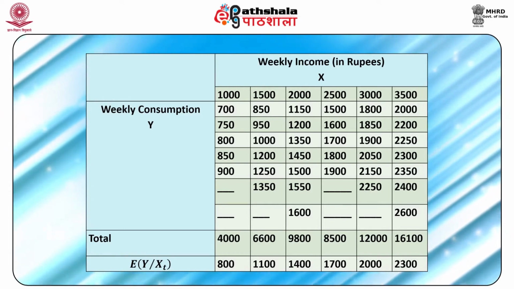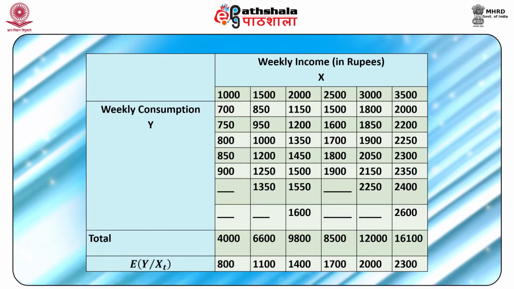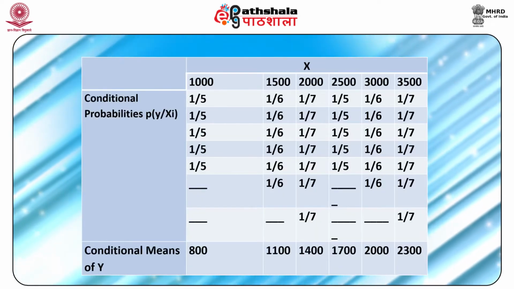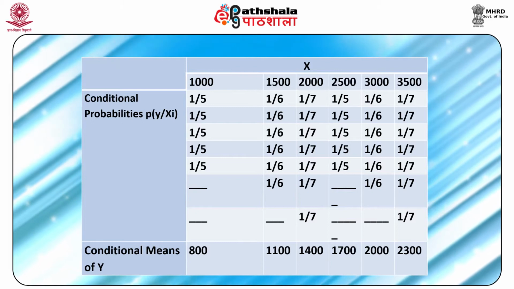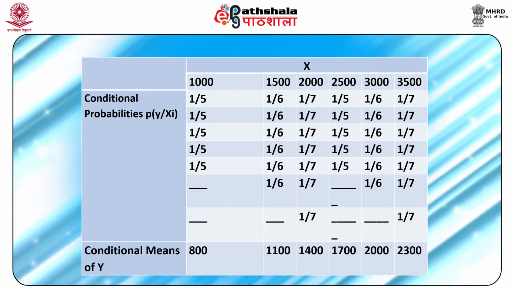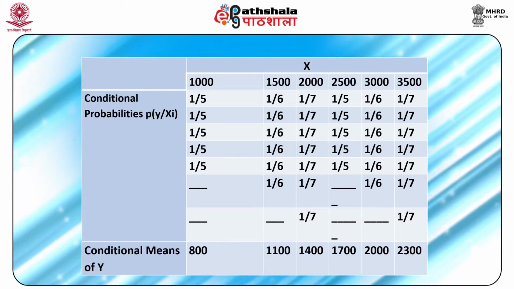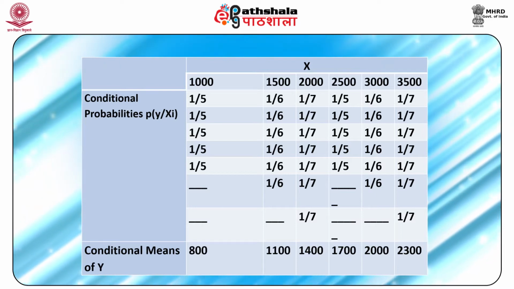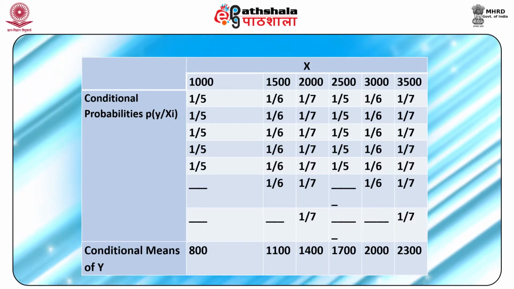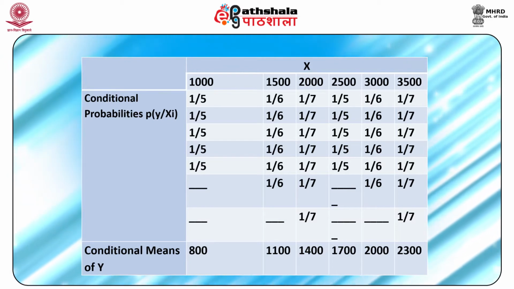So we can find this conditional probability also for this population of 36 observations from the same table. This can be seen in our next table, Table 2, which gives us the conditional probability for the population of observations of these 36 families. Again we have income in our rows, and in our columns we have the conditional probability of Y given Xi.